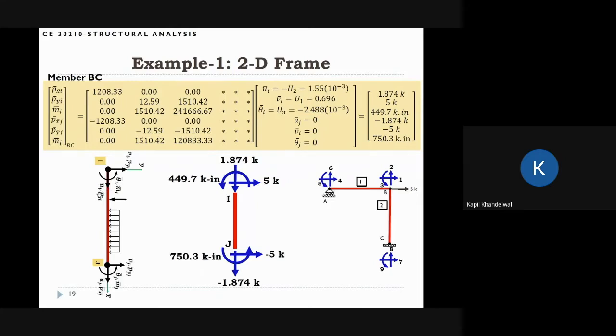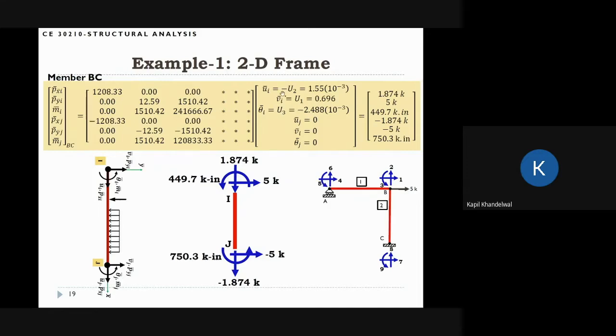So this is how we will know what ui and vi are. If you think very carefully, in this case, ui is actually minus u2 degree of freedom. Okay, I'm just doing it by inspection here. I can just see that the ui degree of freedom is minus u2, and the vi degree of freedom is u1, and the theta I degree of freedom is u3.